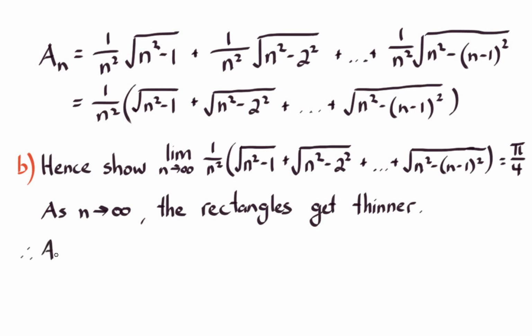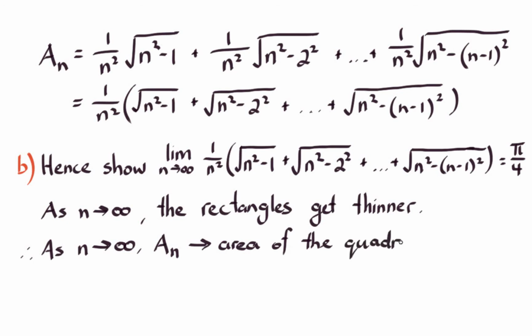So therefore, as n approaches infinity, this expression, which is the sum of the rectangles, is just going to become a better and better approximation for the true area of the quadrant. And so when we do take this limit to infinity, it becomes the area of the quadrant.